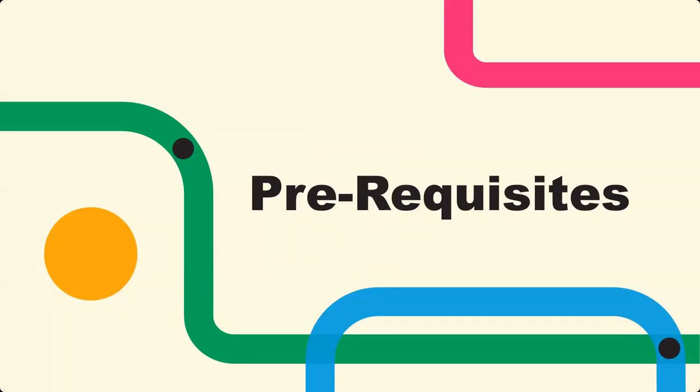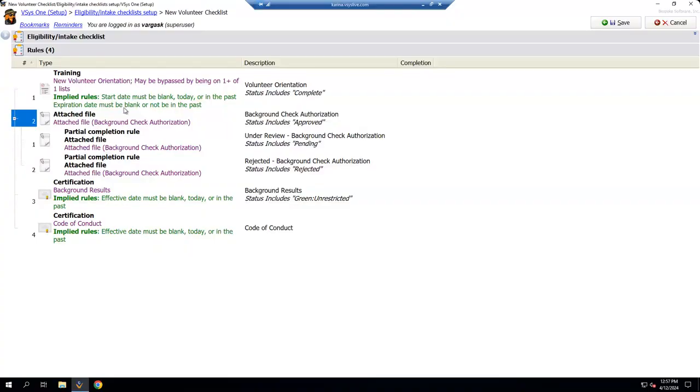But if the sequence of things matters to you, for example, they need to give you an authorization for a background check, like in my example, this authorization form needs to be done before I can go to my third-party background check vendor and process information about the volunteer before I can look for those results. So for this item, the background check results, I need it to be in sequence.